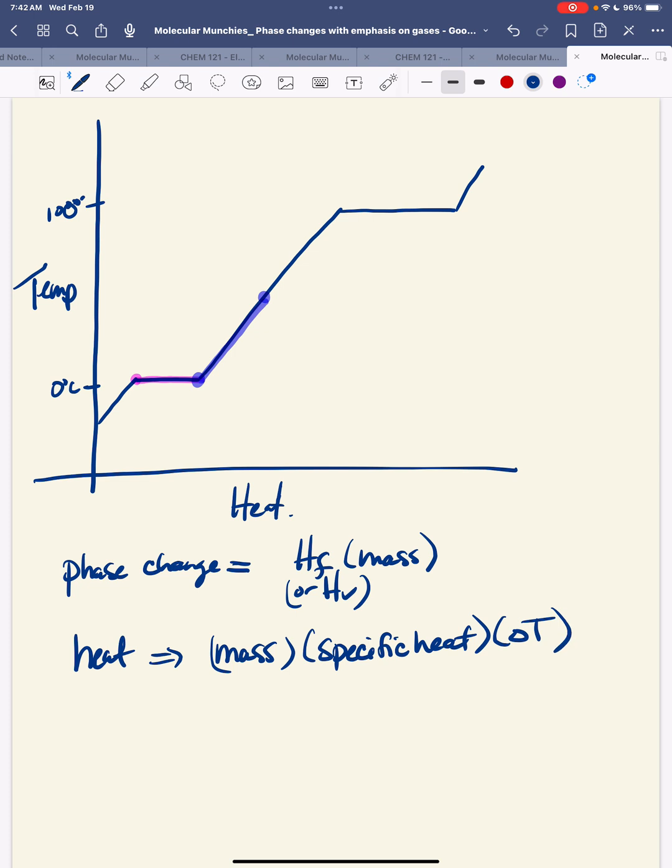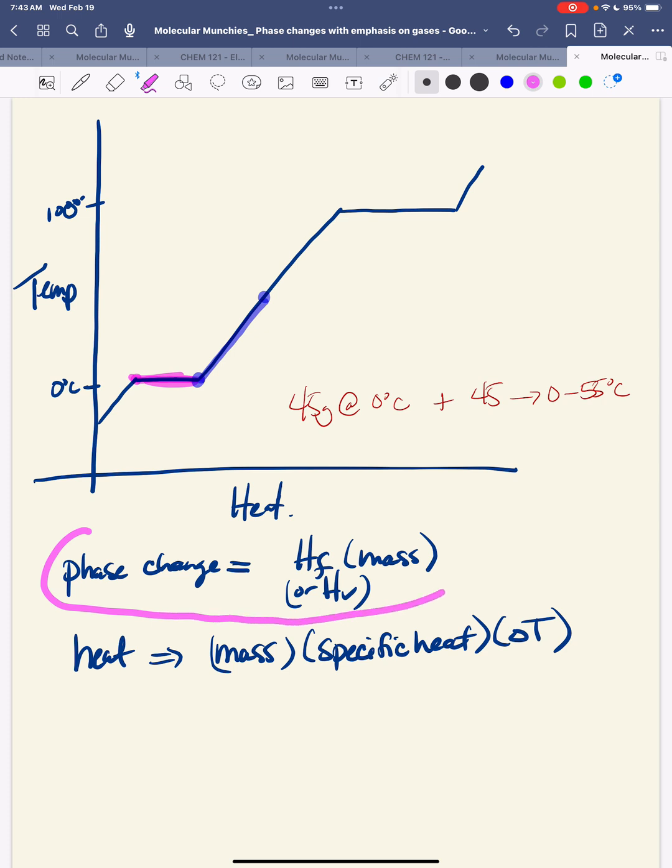So we know in our case that we have 45 grams of water, and it's at 0 degrees Celsius. So we're going to do that one calculation, and then we're going to take that 45 grams and warm it up from 0 to 55 degrees Celsius. Okay, two calculations. Our first calculation right here is the phase change calculation.